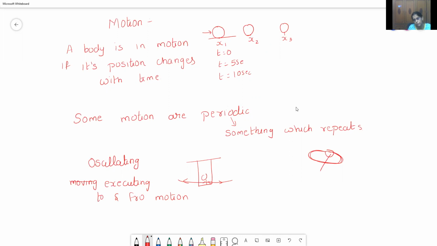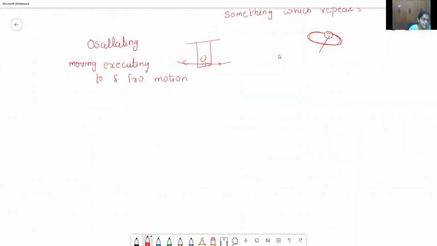Before getting too deep into oscillatory motion, let us understand what the equilibrium position or mean position is. For this I am going to take a pendulum as an example. Now this pendulum is at rest, which means it is not in motion, no force is acting on it.